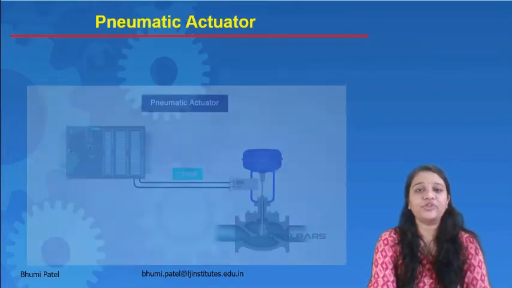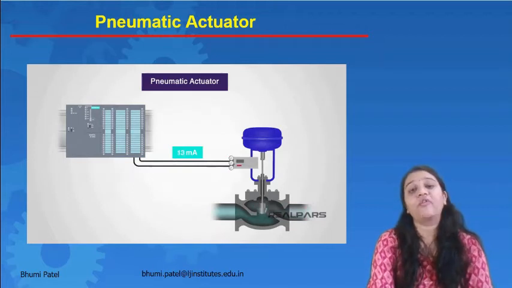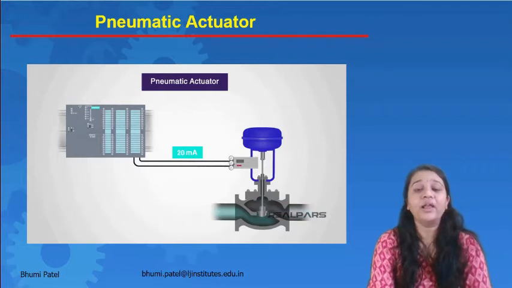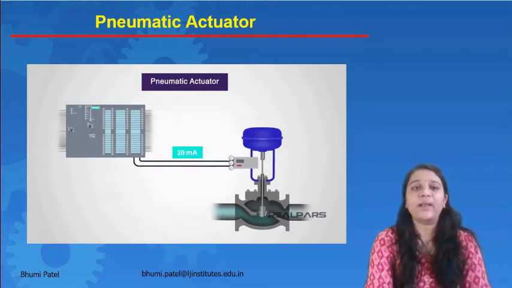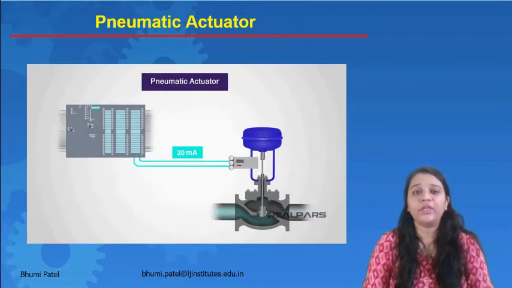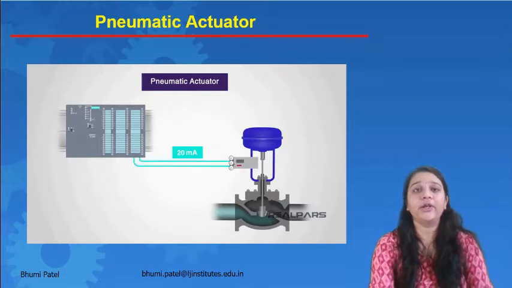Now this is the actual diagram of the pneumatic actuator. Whatever air pressure supply is given, the control valve will be fully open or fully closed depending upon the requirement. Here you can see that a 4 milliampere to 20 milliampere input supply is given to the pneumatic actuator, and depending upon the input, the valve is fully open or fully closed.